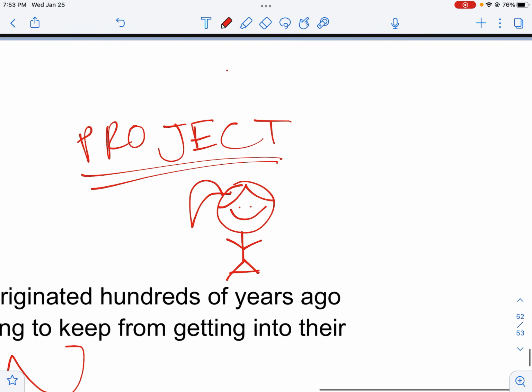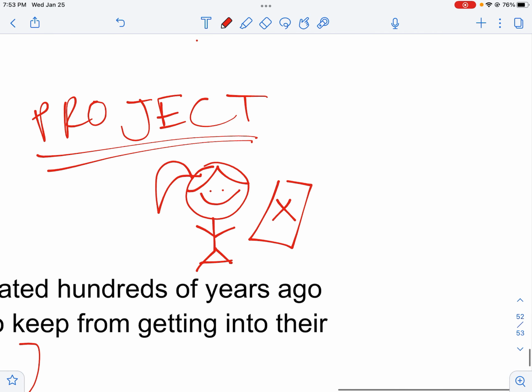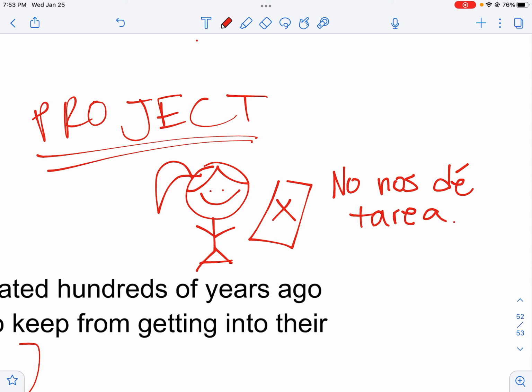Okay. And then you say, don't give us homework, as your command. So you'll be like, no nos de tarea, which you're not allowed to use because that's my example.